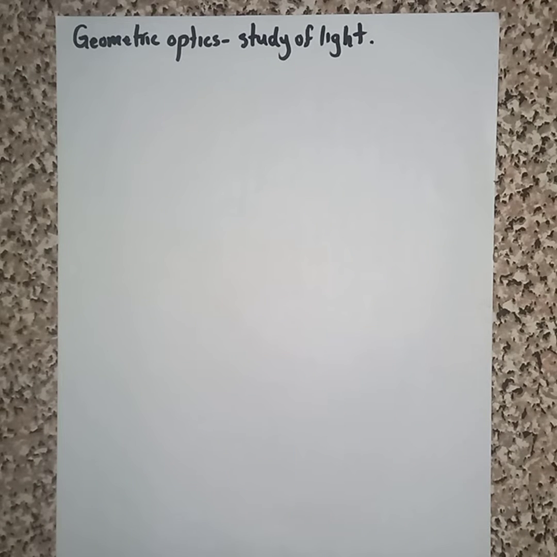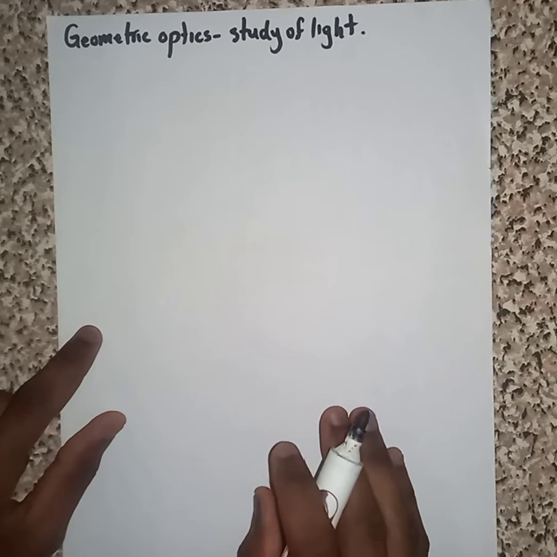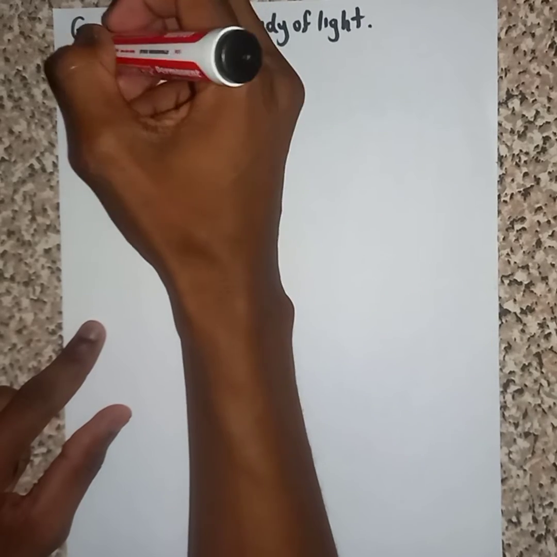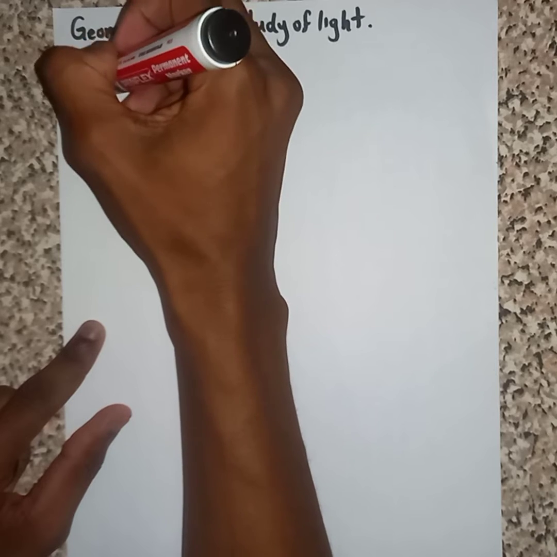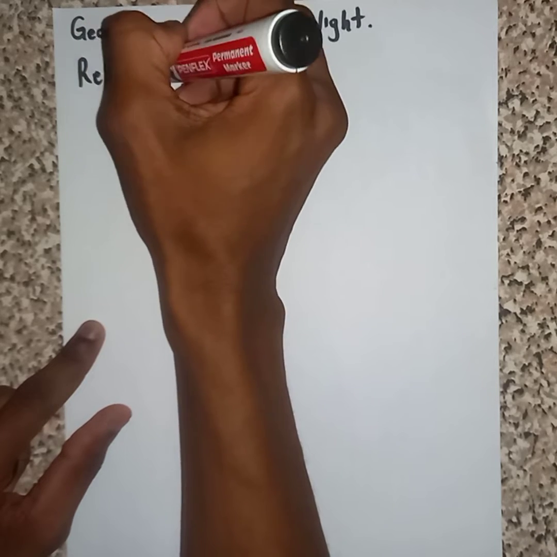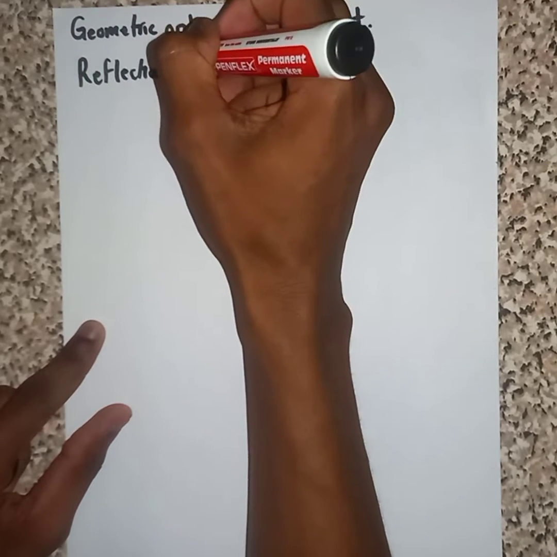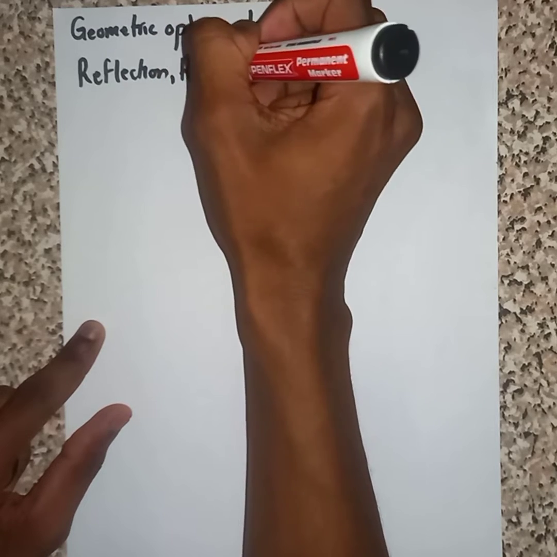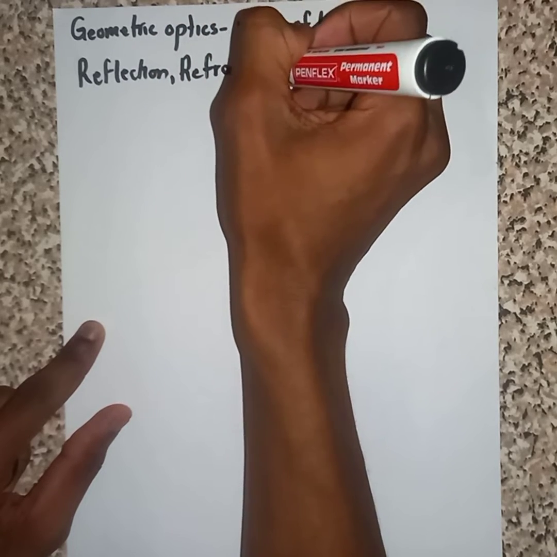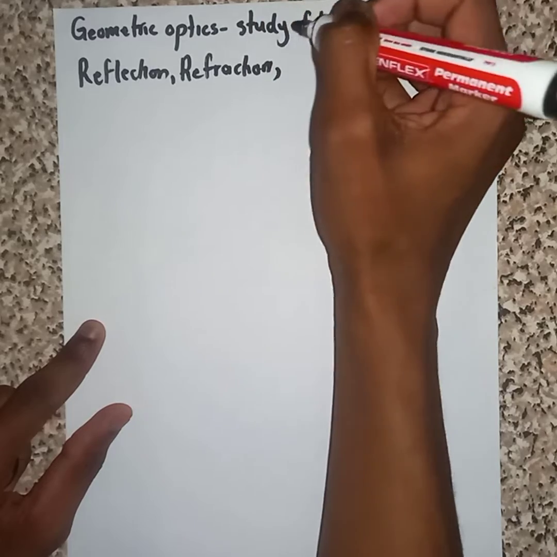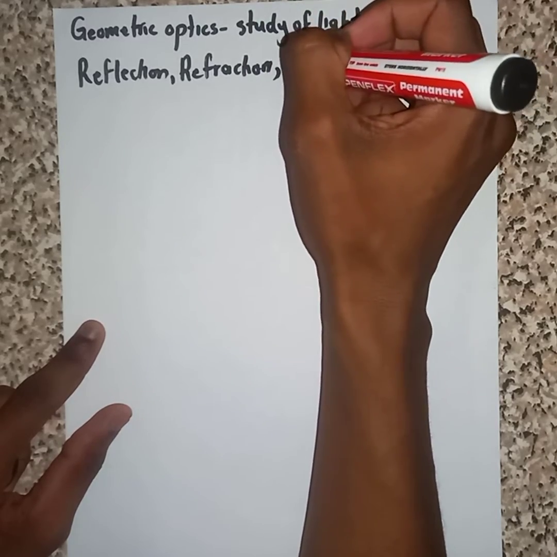When the light strikes a surface, it undergoes these three concepts. Firstly, refraction, and diffraction.